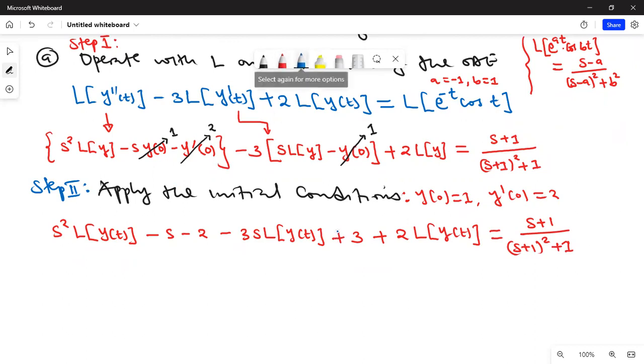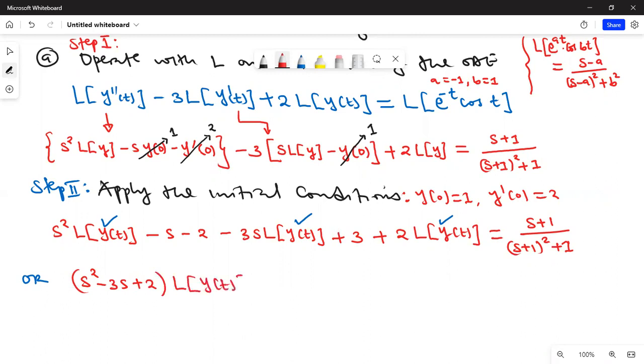Then the next thing, you collect like terms. You remember the like terms are the ones with the Laplace transform. Let me group them together. So we'll have (s squared minus 3s plus 2) times the Laplace transform of y of t. What do we remain with?